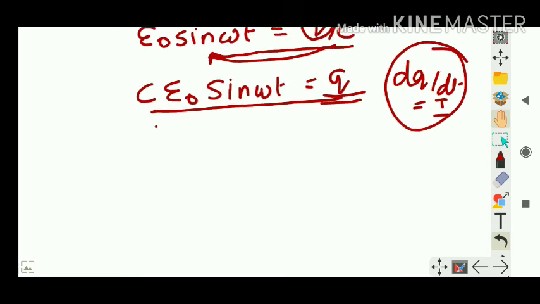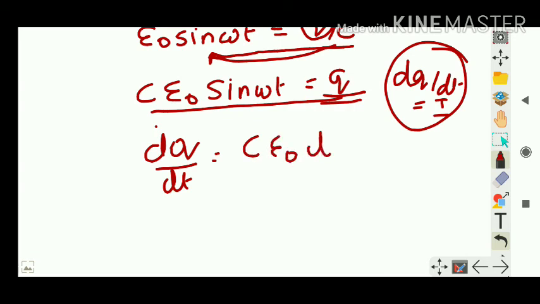So that when I differentiate, it will be dQ by dt is equal to C epsilon naught, this is a constant term, d by dt of sine omega t.